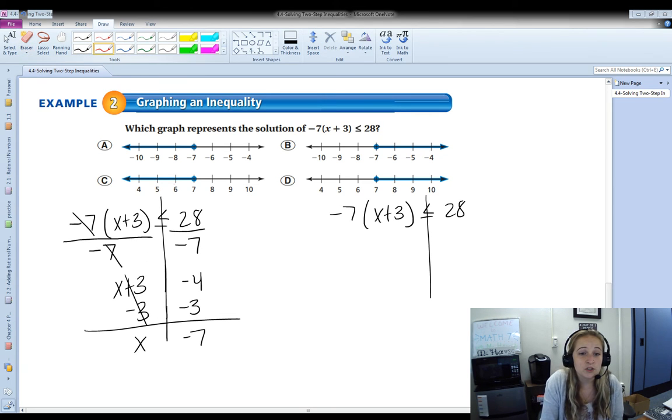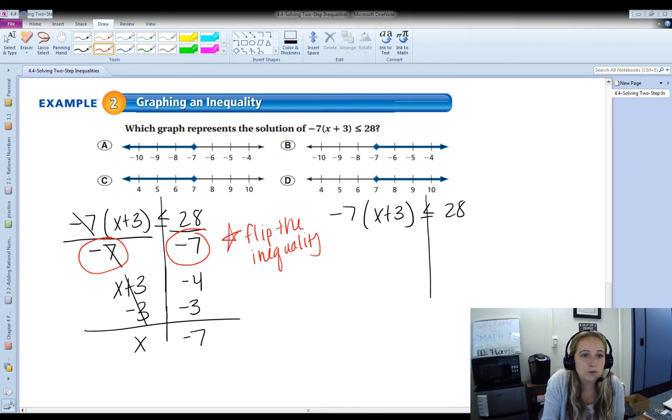So I need to fix that because remember, I divided by a negative number. So I need to flip the inequality symbol. Okay? So rather than it being less than or equal to, it's going to turn around and be greater than or equal to. All right, so your answer should be x is greater than or equal to -7.